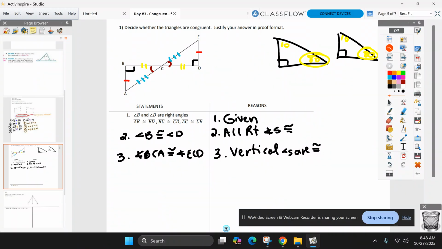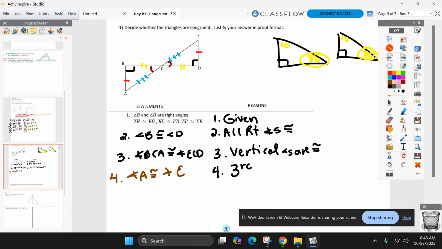What do we automatically know about the third pair of angles if the first two are already congruent? They have to be congruent to each other. Yes. Because I already have two pairs of angles congruent, that automatically in a triangle makes the third pair congruent. And there's a name to this theorem, and we're going to write it down officially here.